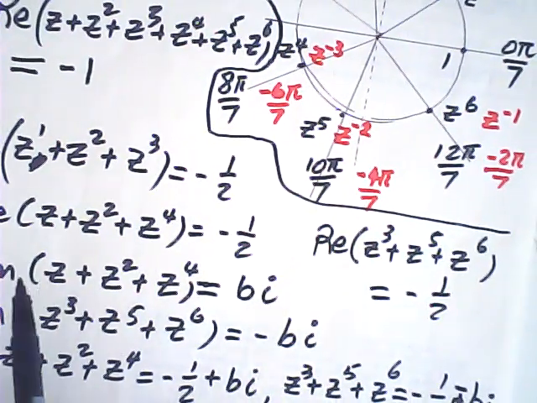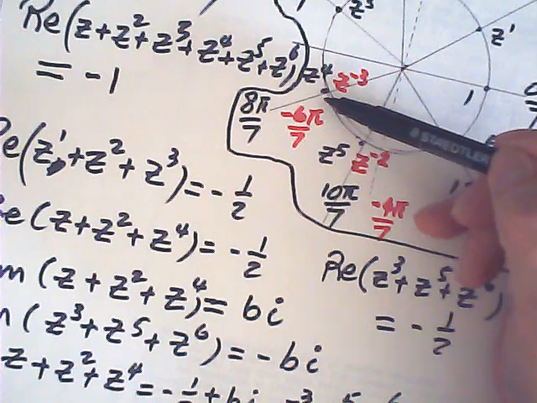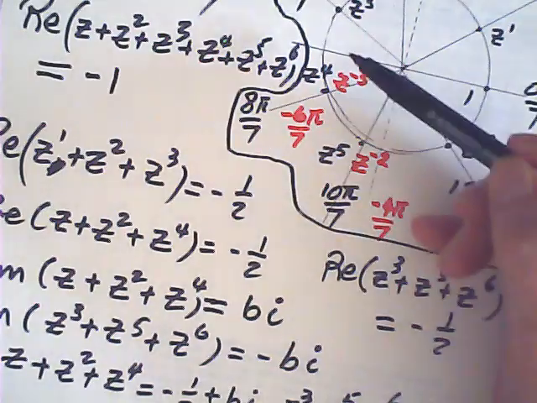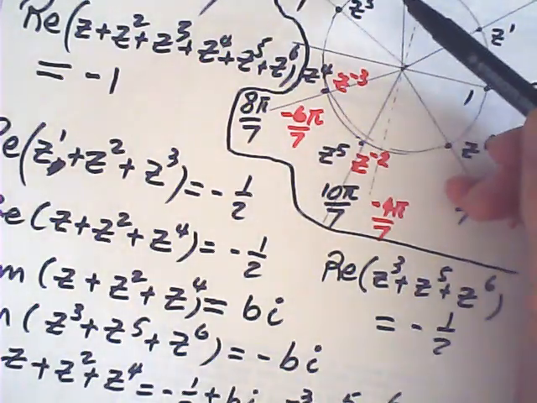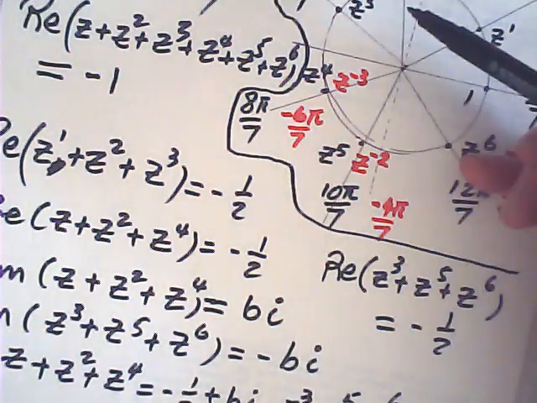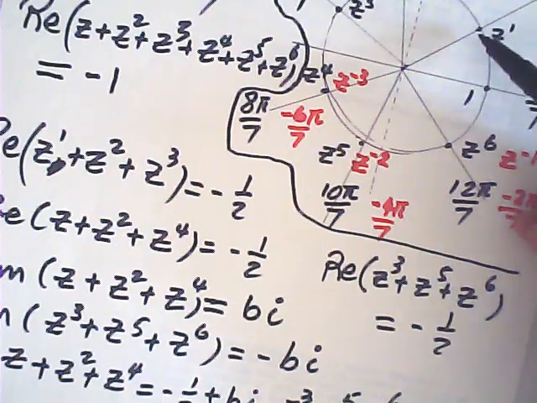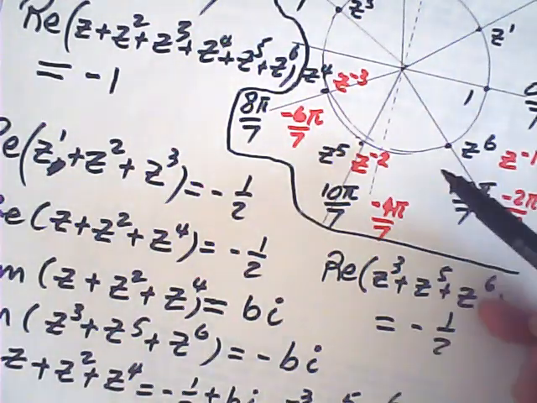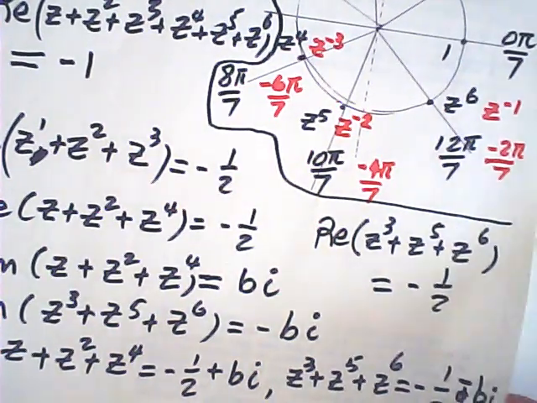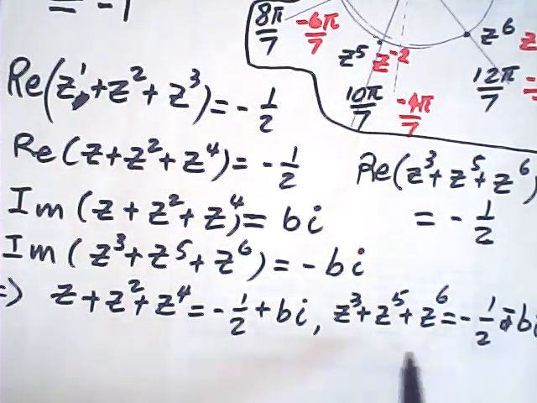Because this number and that number, the real part is the same. It's the cosine, the same. This number and that number, the real part is the same. And z and z6, these numbers are the same real part. See, that is how we come up with that.